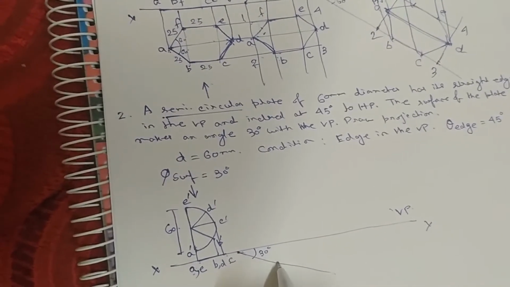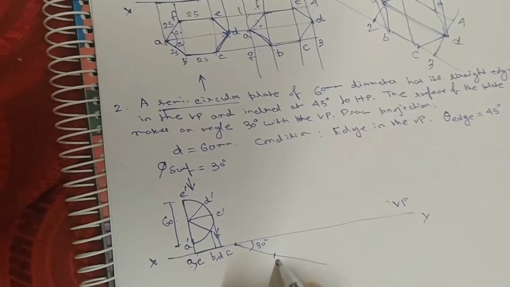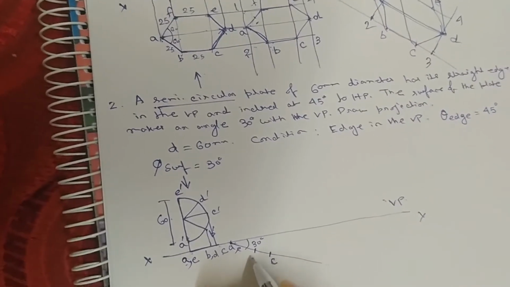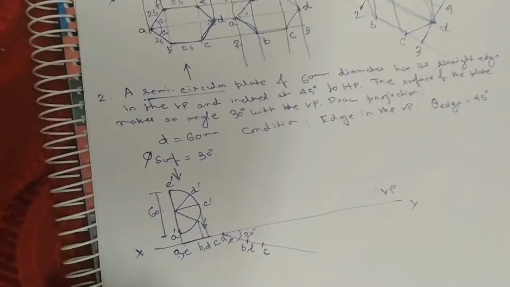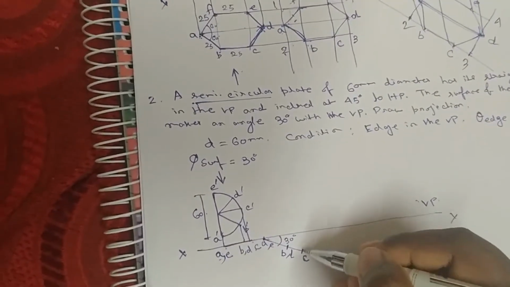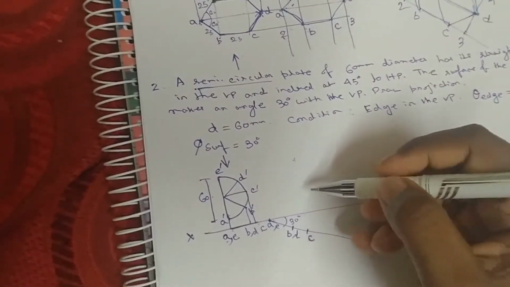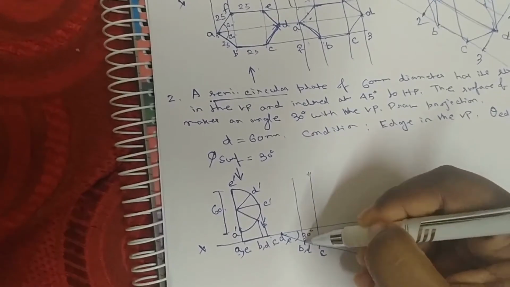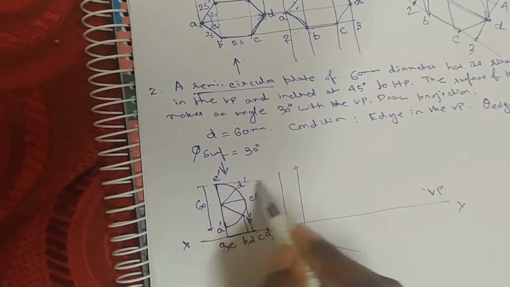So this is AC, and if we are going to cut BD point over here, we get our line recreated like that. After that, what we are going to do, we are going to extend from front view as well as top view.